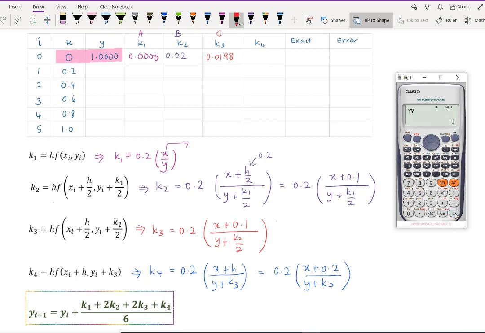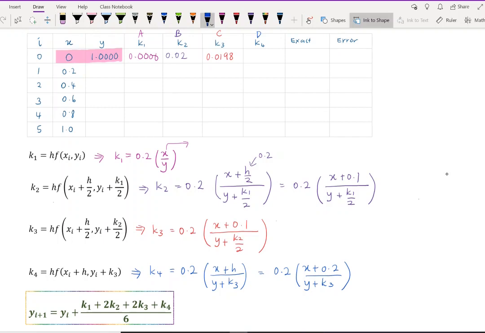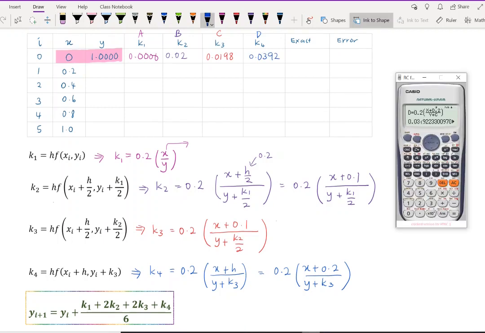Now Y is equal to 1. Our C, which is K3, is equal to 0.0198. Now our D, or K4, value is 0.0392. For the exact and error values, we just leave it to the last stage of calculations.